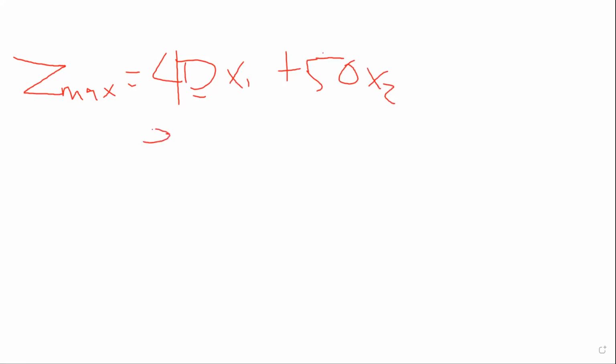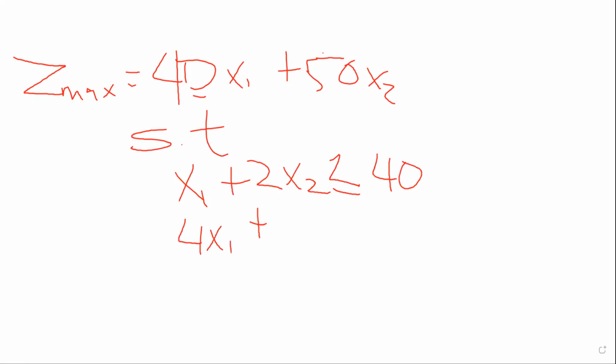So the formulation is Z max, 40 x1 plus 50 x2, subject to x1 plus 2x2 less or equal to 40 hours, and then 4x1 plus 3x2 less or equal to 120, and then our non-negativity constraints.